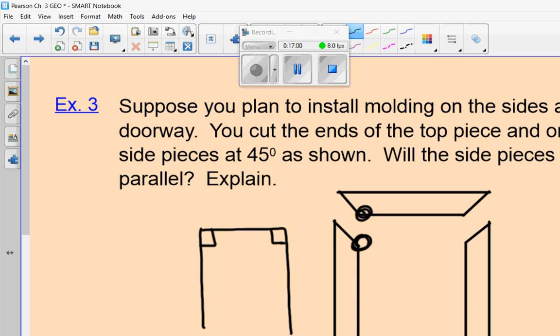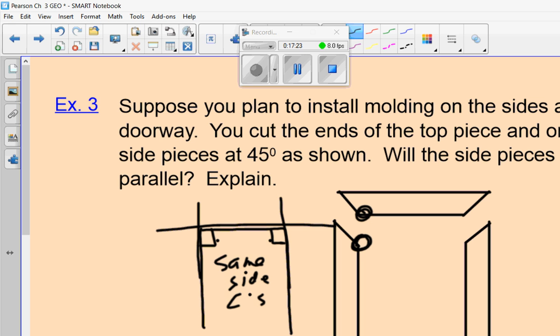But the question says, will the side pieces be parallel? Well, if I extended lines here, I have a transversal. These two angles in a transversal are same side interior angles, and in a transversal, if the lines are parallel, those angles have to be supplementary.